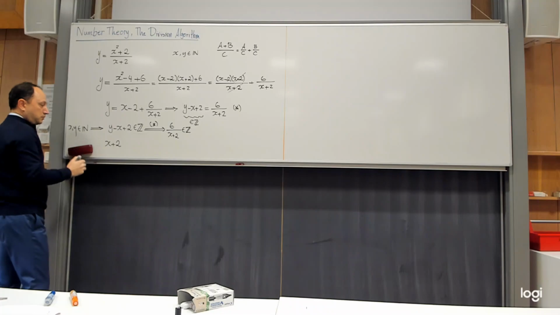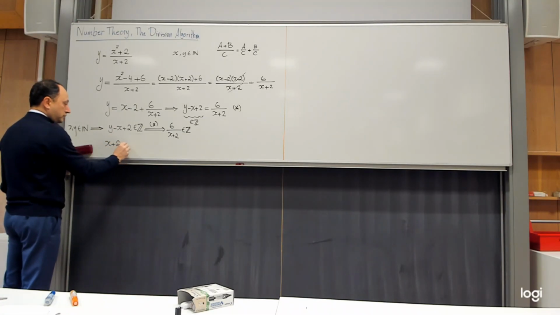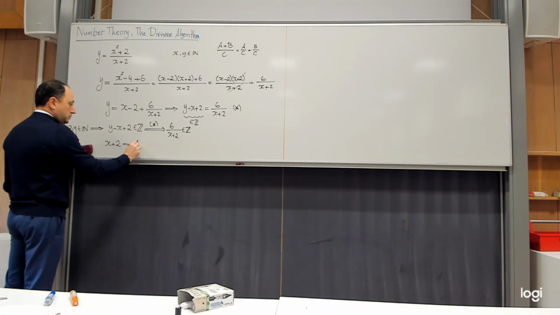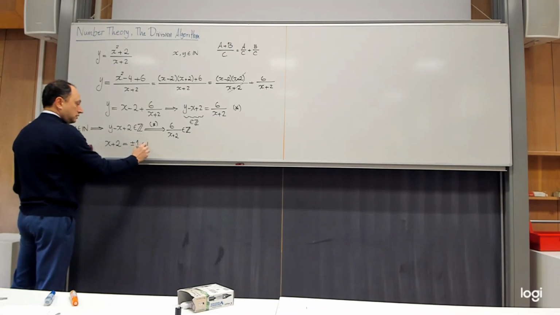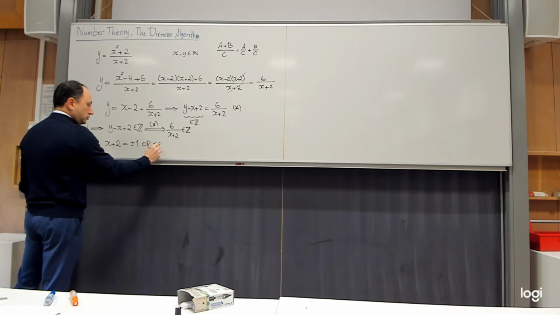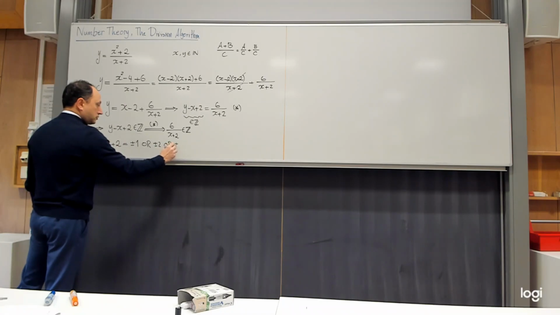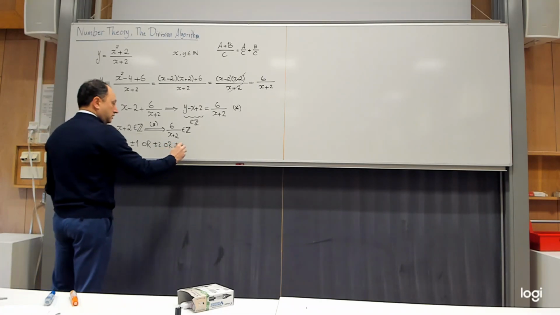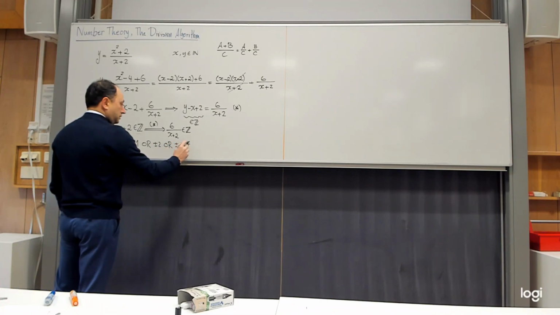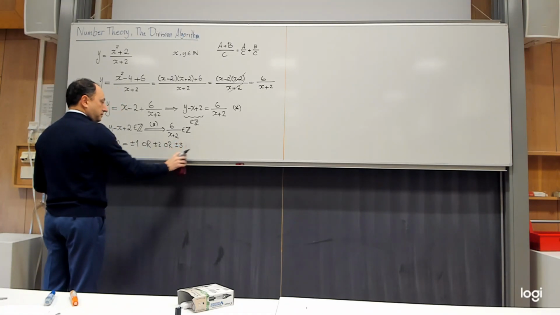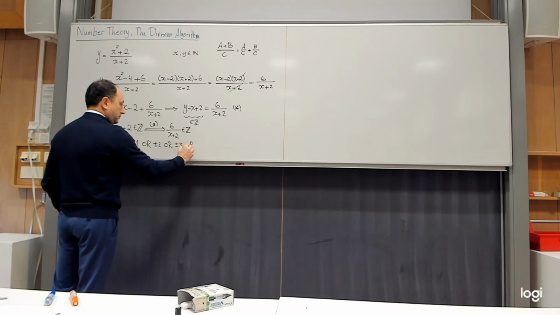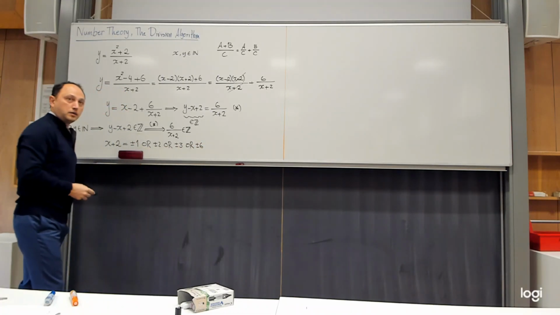So what are the choices? This is plus or minus 1, or plus or minus 2, or plus or minus 3, or plus or minus 6. These are the only options.